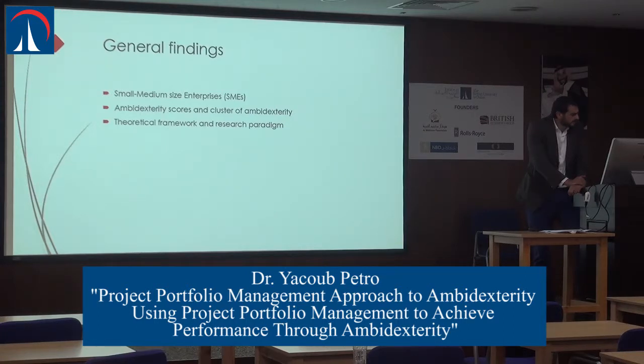I tried to take all the organizations under the test and see if some specific industry, for example, would score more on ambidexterity. Would IT be more ambidextrous than engineering, or engineering more ambidextrous than pharmaceutical, and so on and so forth? And the test shows that there are really no such scores for ambidexterity.